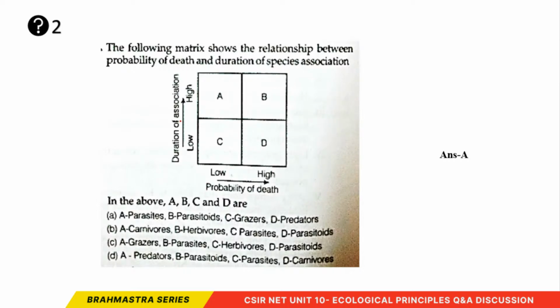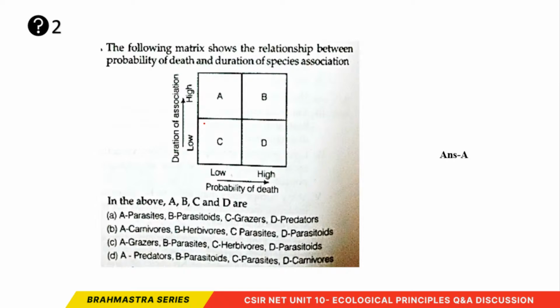All right, because see, parasites are what? They are the ones who complete a part of their life cycle in the host, right, or on the host. It can be an internal parasite, it can be an external parasite.